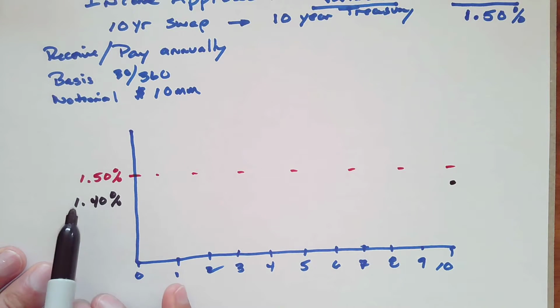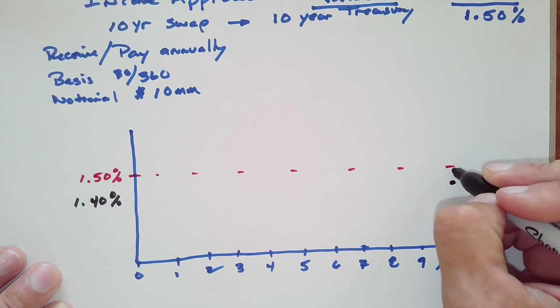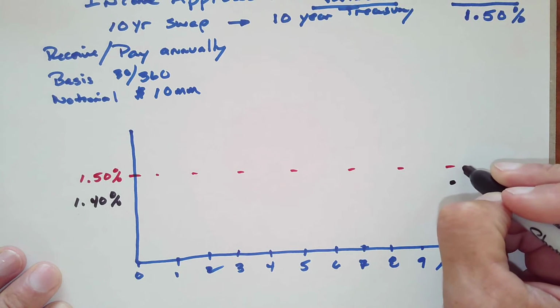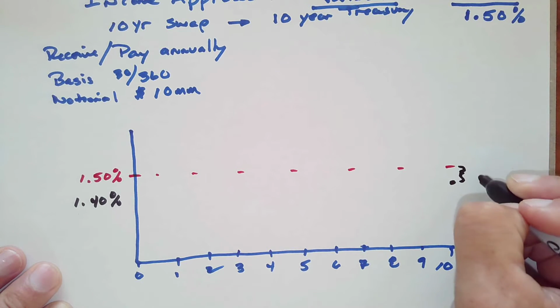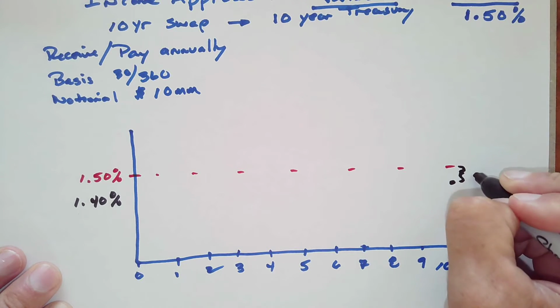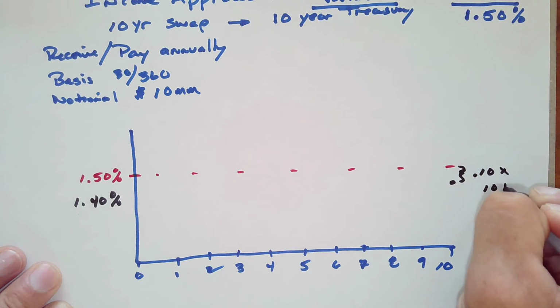This is what we believe the 10-year interest rate is going to be, 1.4%. So in year 10, we are estimating that we're going to end up having this be the difference, 0.1% times $10 million.